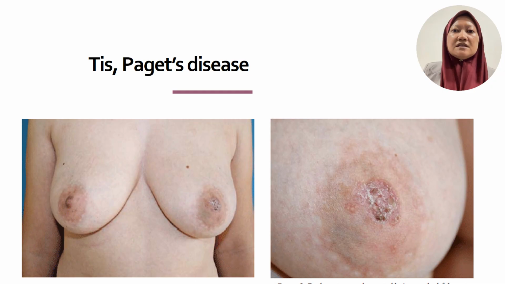Specifically, you can see an erythematous, scaly, and crusted lesion on the left nipple areola complex, which has almost destroyed the nipple itself. This type of finding is significant and warrants further investigation, as it could indicate underlying conditions such as Paget's disease of the nipple, and this can be staged as Tis, or T in situ, or Paget's disease.